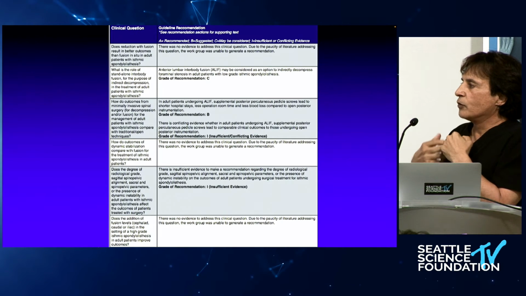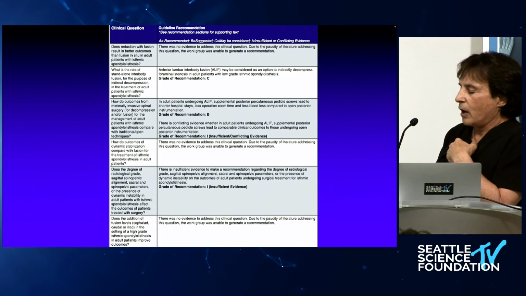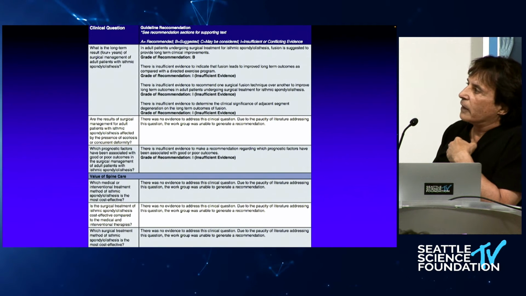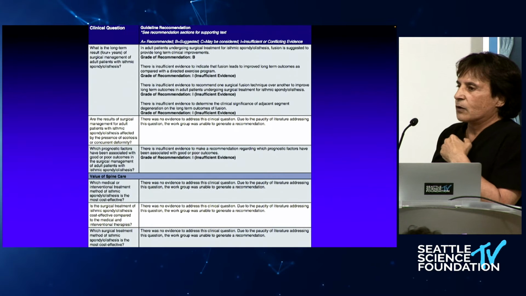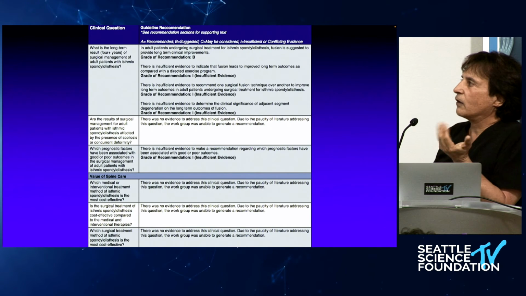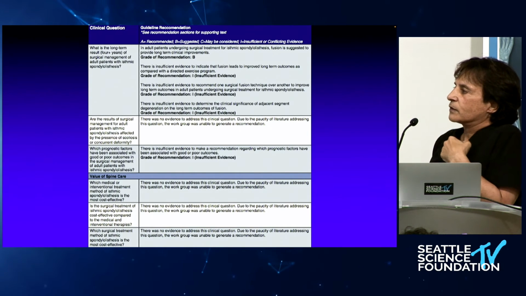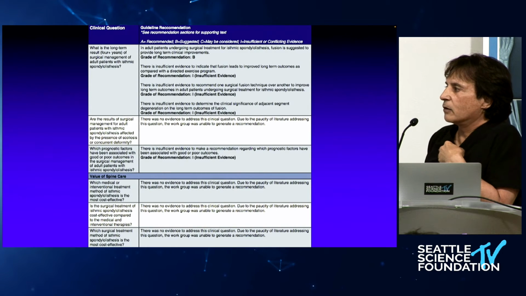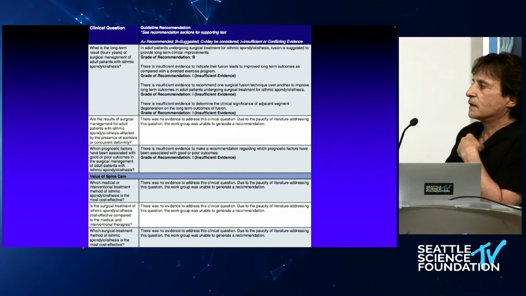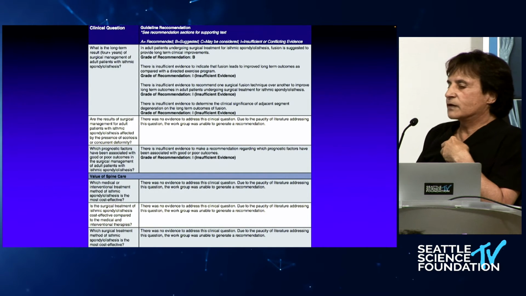Well, there's no evidence to support that question either. And a couple more: are the results of surgical management for adult patients with isthmic spondylolisthesis affected by the presence of scoliosis? Very little or no evidence to support that question. And is the surgical treatment of isthmic spondylolisthesis cost-effective compared to medical and interventional therapies? And there's no evidence to support that.